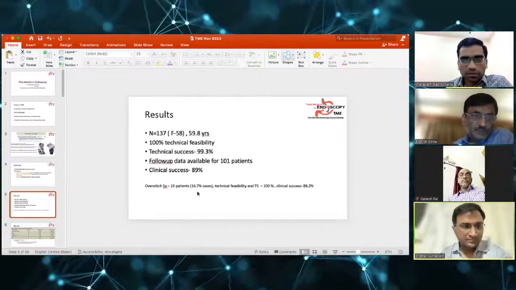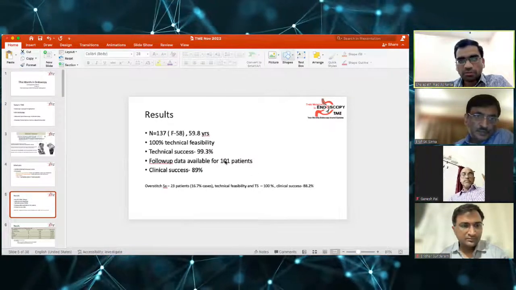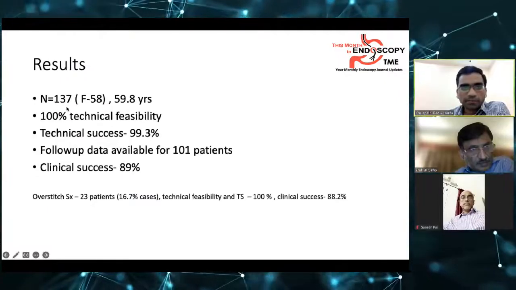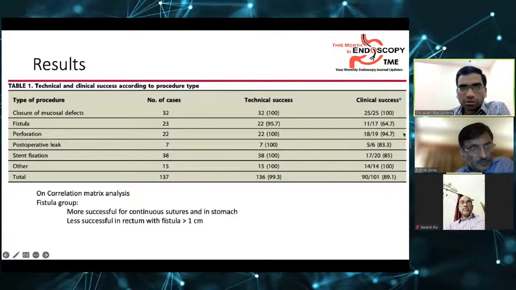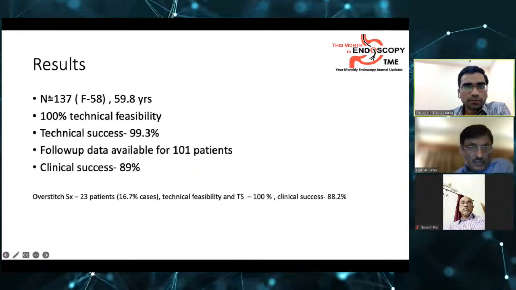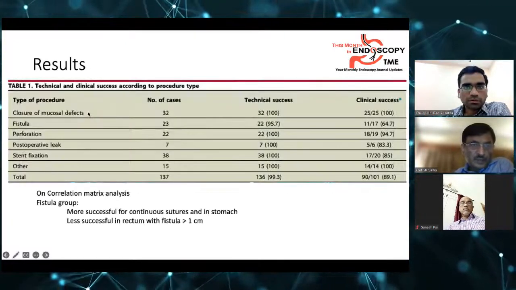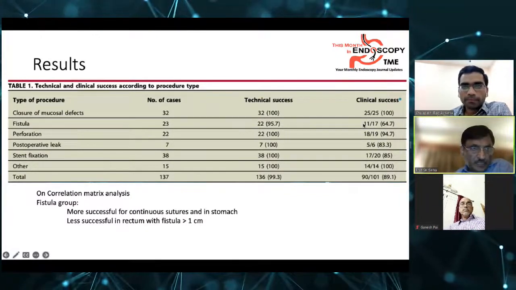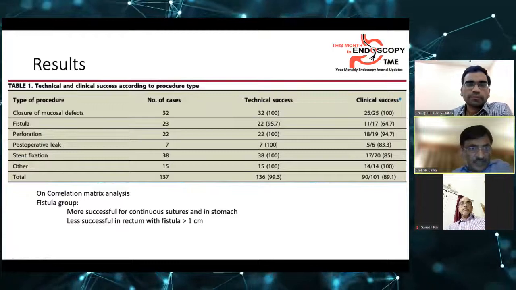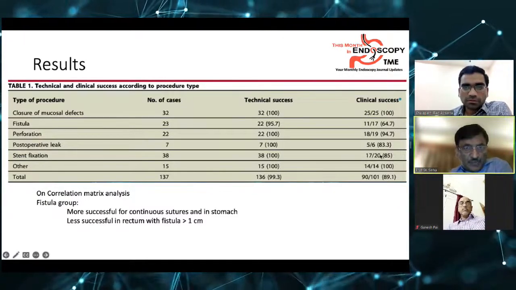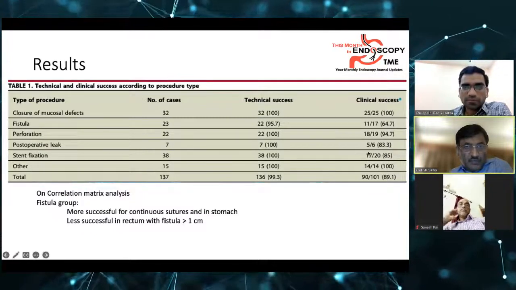Yes. If you see in this slide, the follow-up data is available for around 101 patients out of 137 patients, so 26 patients were lost to follow-up. That looks like a high number, particularly in the instant fixation group, where out of 38 we have only 17 on follow-up.